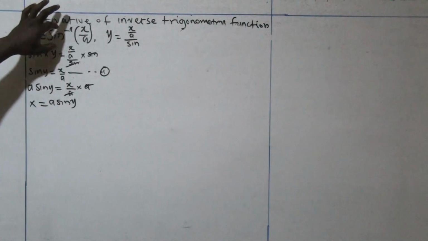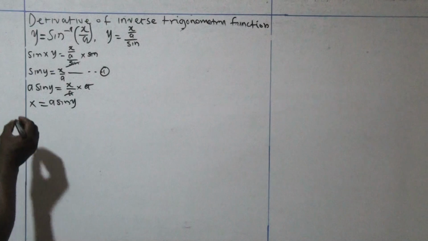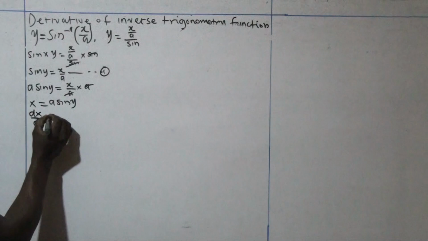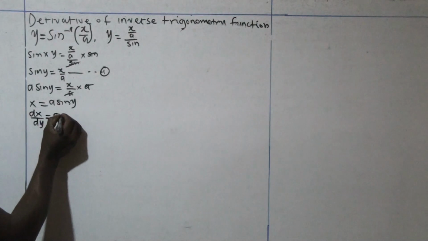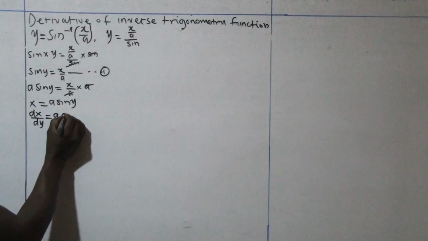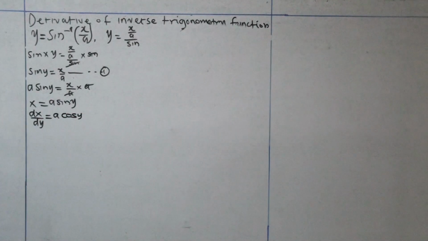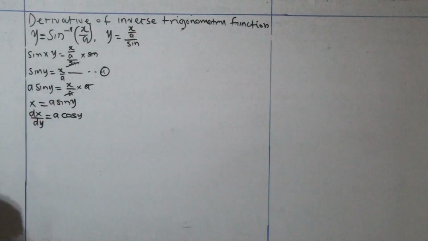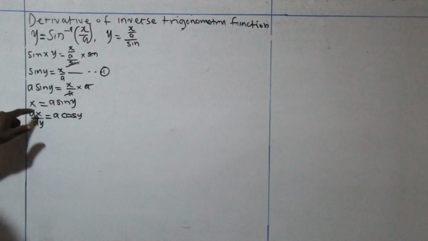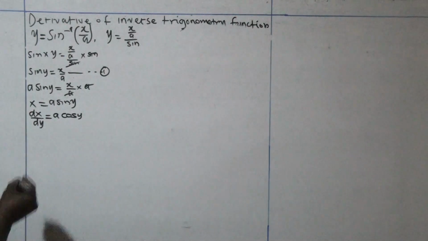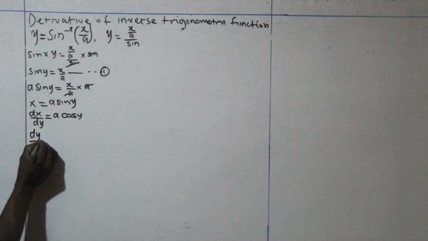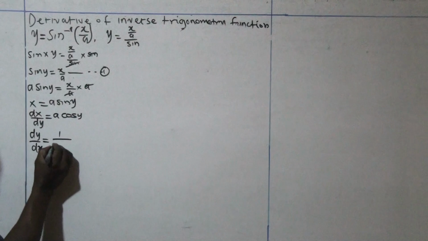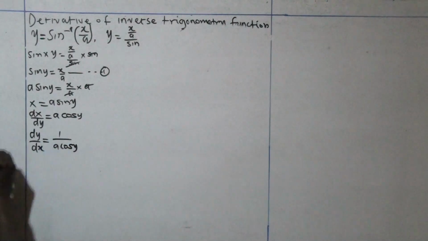Because of the inverse aspect, we first find dx/dy of this, which becomes a cos y. We understand that if we are looking for dy/dx, we invert this, taking the inverse, divided by 1, so that dy/dx becomes 1 over a cos y.